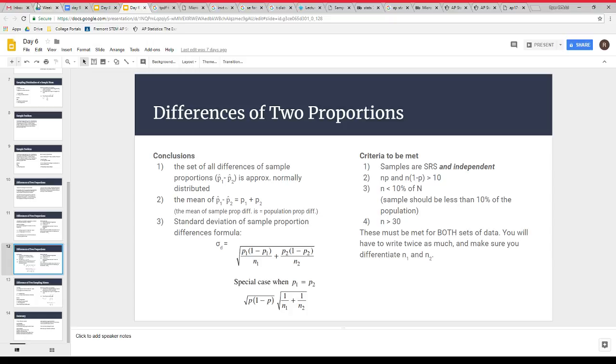So here is n greater than or equal to 30. If you answer yes to that, then all you have to write is these two things: np and n times 1 minus p. Because you don't have to care if the population is normally distributed if your n is greater than 30.